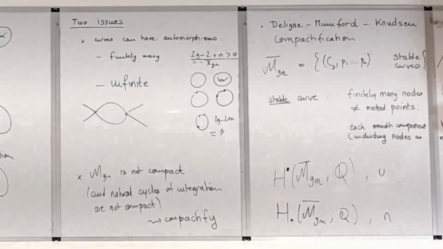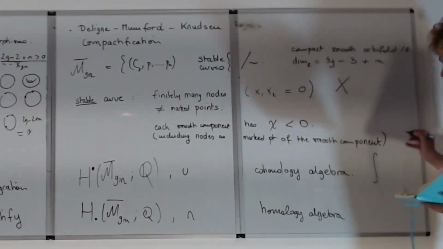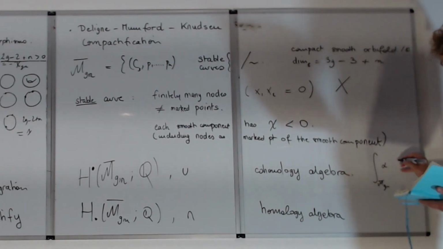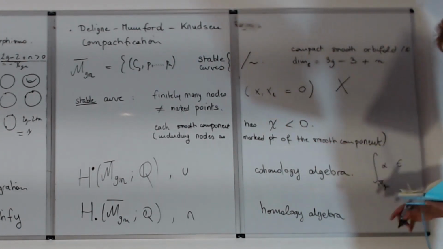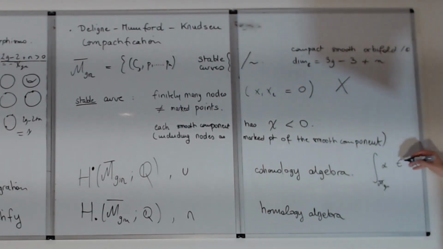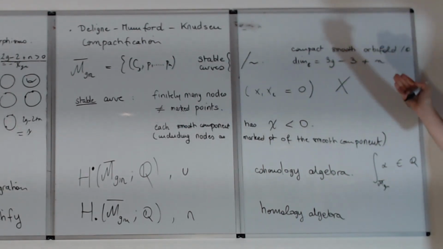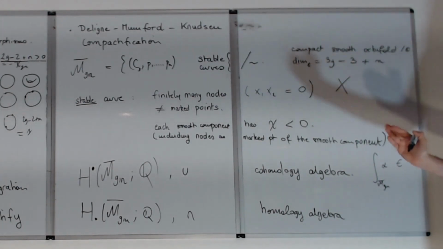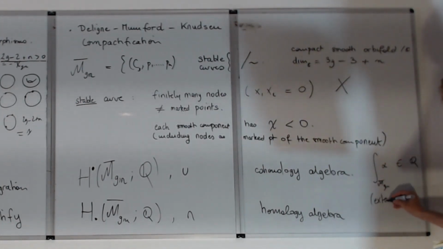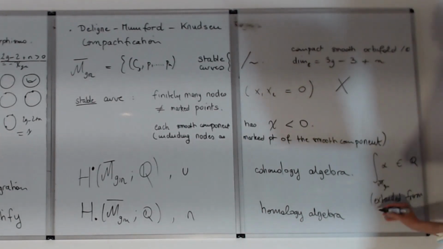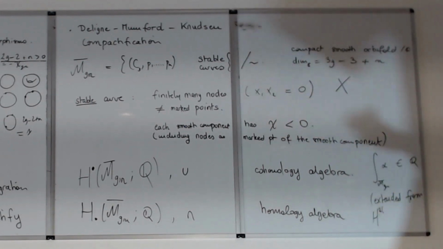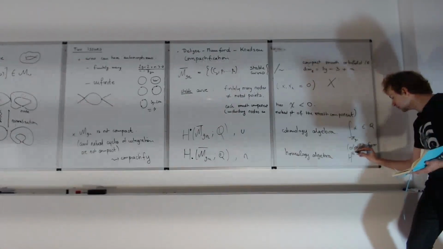And here you have the integral, which is going to take a certain class and give you a rational number, Q. I mean, you can only integrate top dimensional forms. So whenever you write something like this, you split alpha into various cohomological degrees, pick the top degree and integrate, and for the rest, you just set it equal to 0. So that's extended from H top dimension. The way we count the cohomological degree comes from the real world, so there's a factor of 2 compared to the complex dimension.